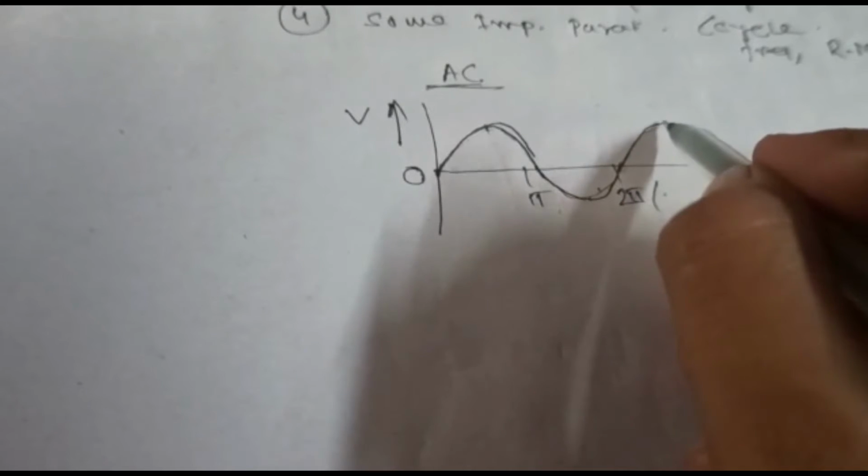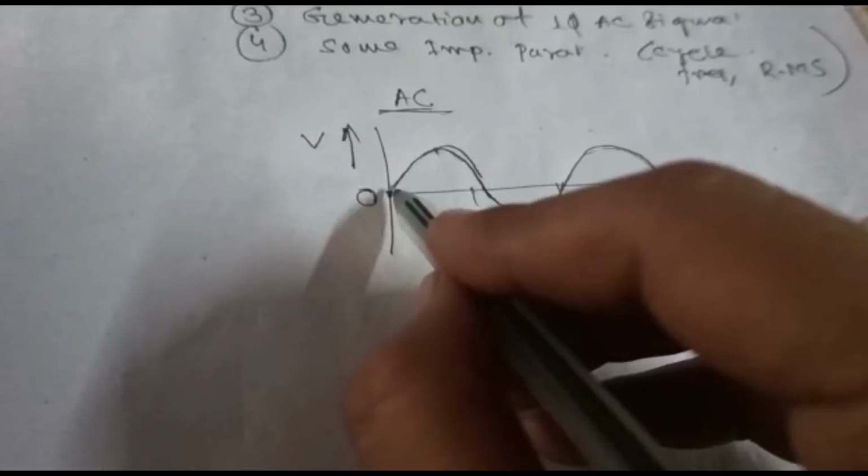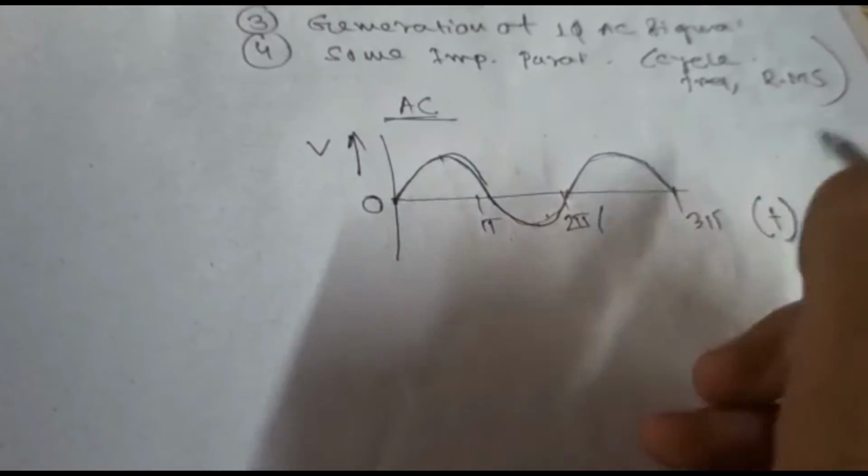It starts from 0, increases to the maximum value, then decreases to 0, then again increases to the maximum point and decreases. So it is called alternating current. That means the current changes with respect to time.